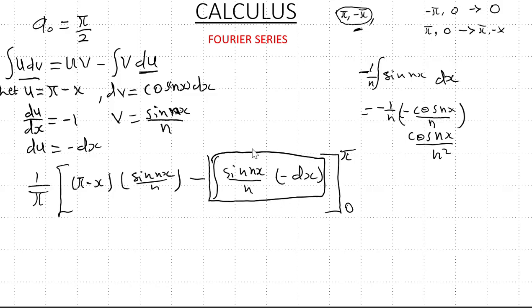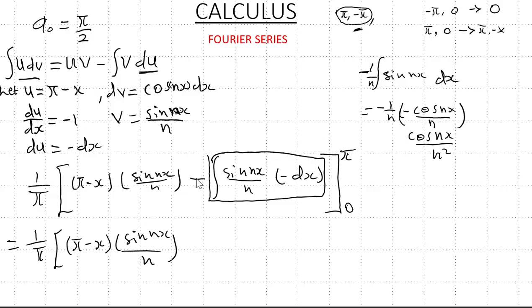We're going to put that here. Okay, so we have our 1 over pi, bracket open, we have pi minus x, then the sine nx over n. Okay, bracket close. So we have our minus.